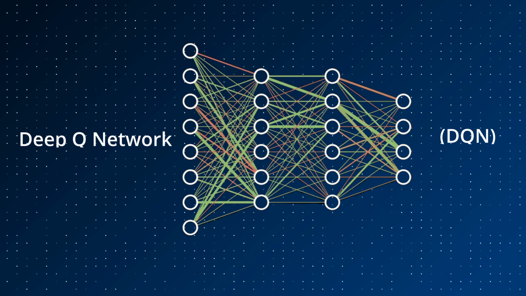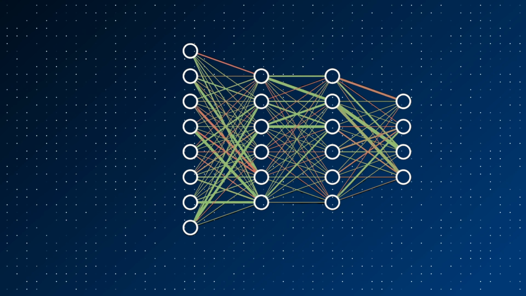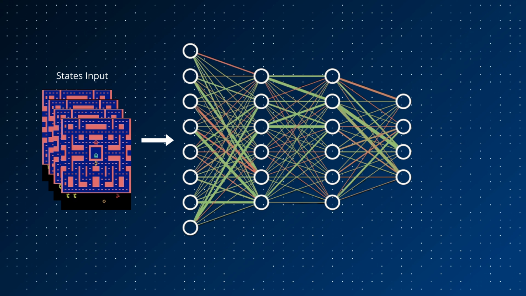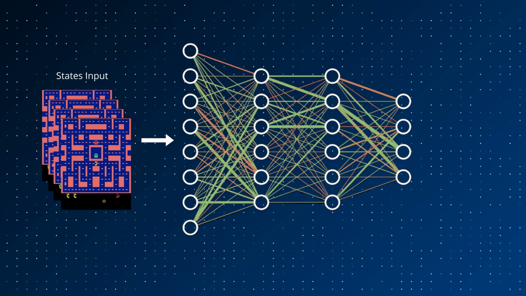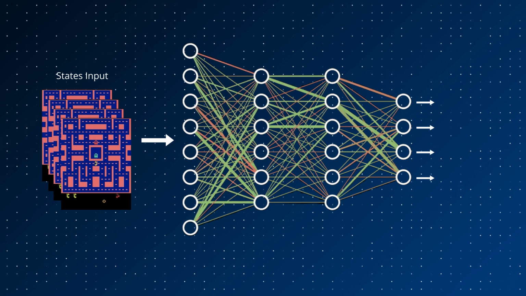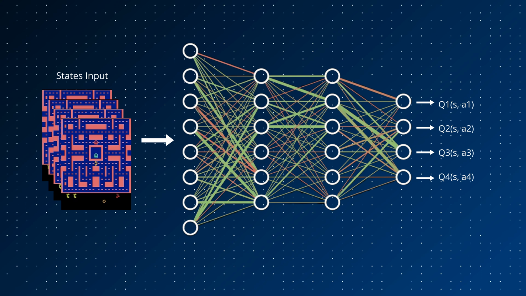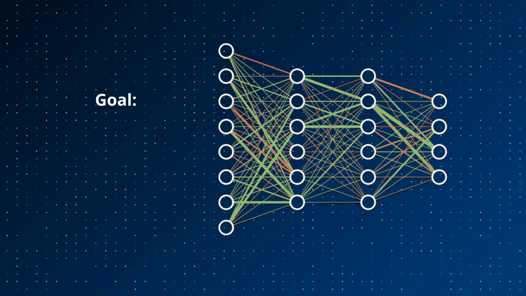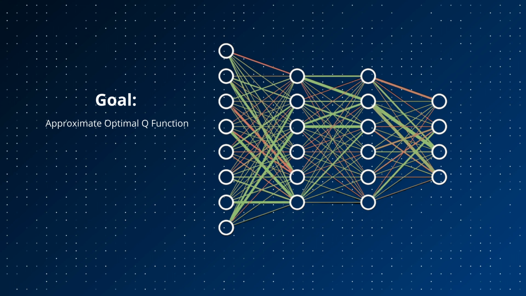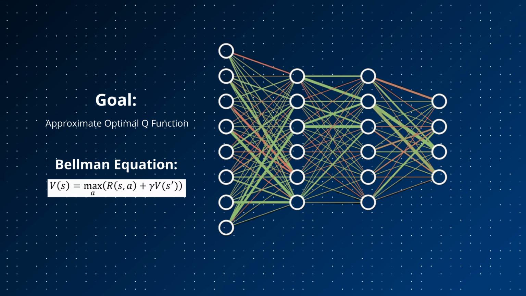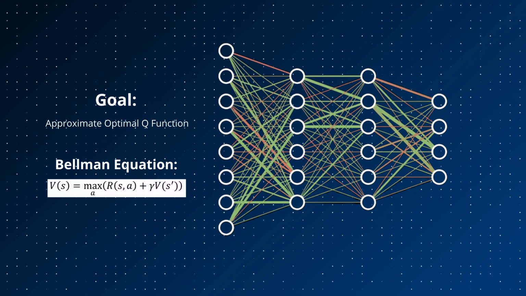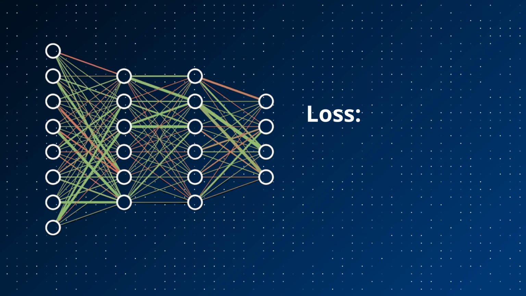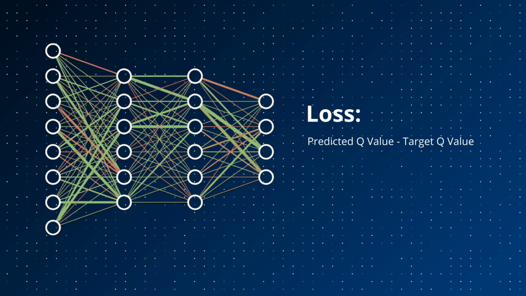Now, let's explore how Deep Q learning operates. Suppose we have a deep neural network tailored to accept states from an environment as input. For every state it receives, the network predicts Q values for every possible action originating from that state. The primary goal of this network is to approximate the optimal Q function, which aligns with the Bellman equation. The network's performance is evaluated by the loss, which is the difference between predicted and target Q values based on the Bellman equation.